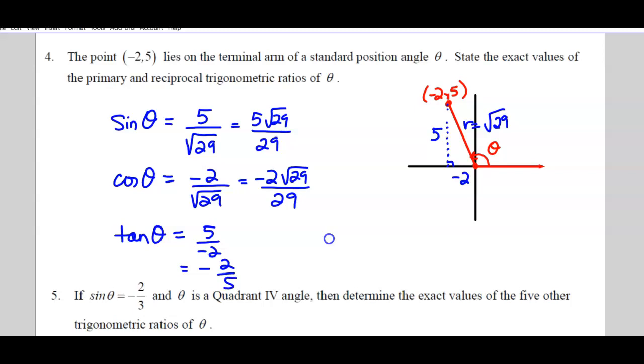So 5 squared is 25 plus 2 squared is 4, so that's root 29. Okay, so rationalize the denominator. Always positive. So the radius of the circle is a measurement, so it's always positive, whereas x and y can be negative.